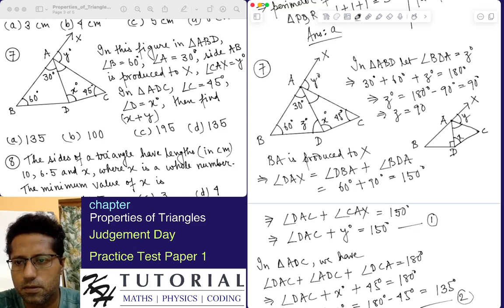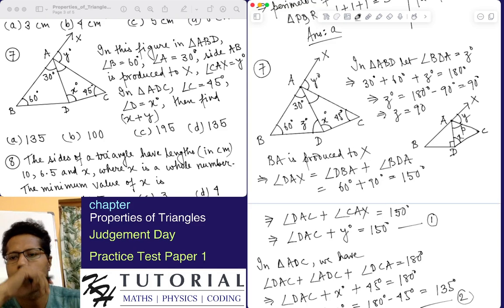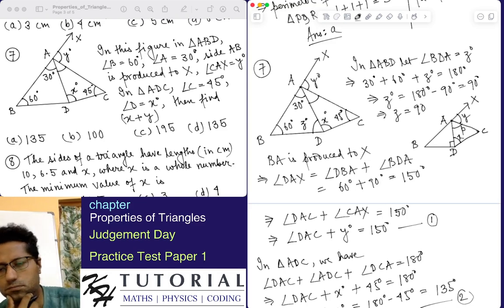Let this be P. We will get X plus P. 45.